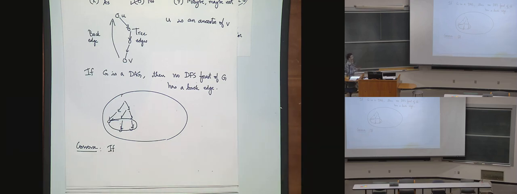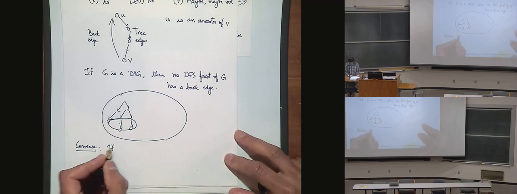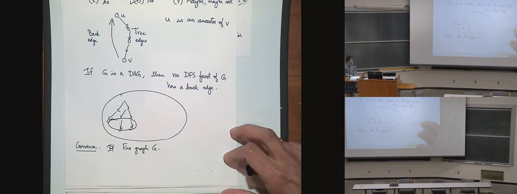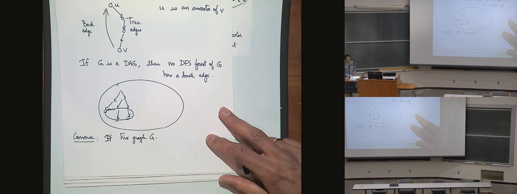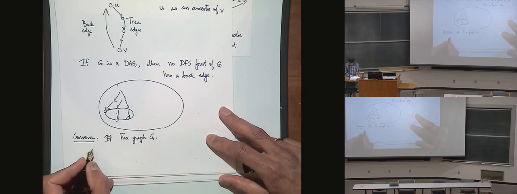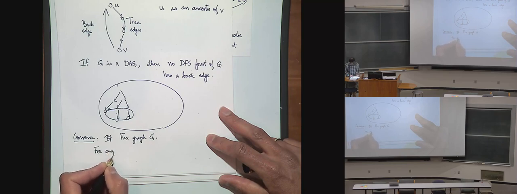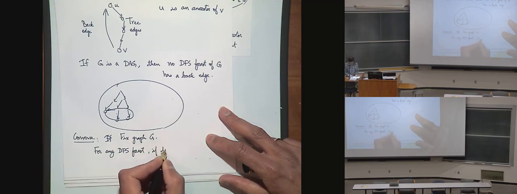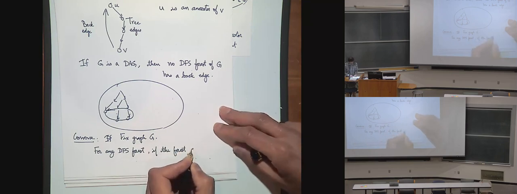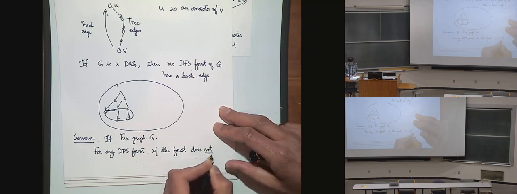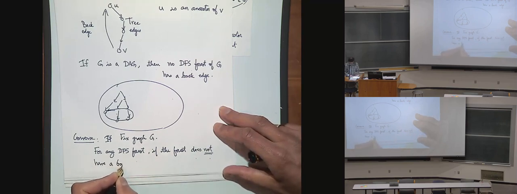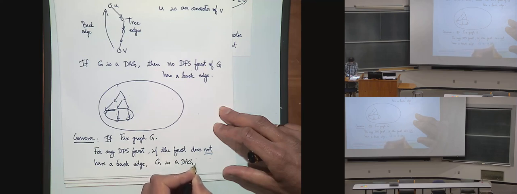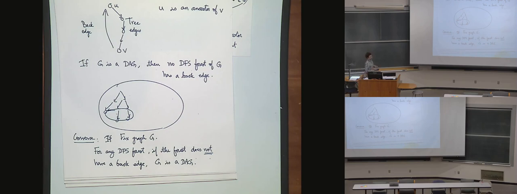Fix a graph G. What happens is that for any DFS forest, if the forest does not have a back edge, G is a DAG.